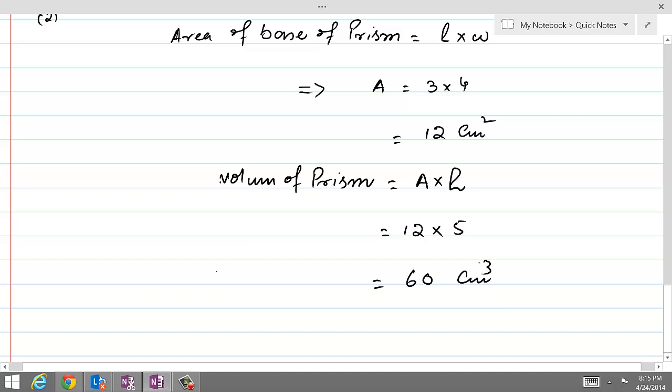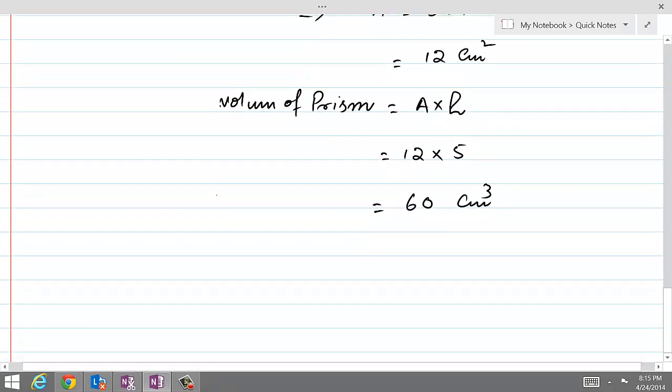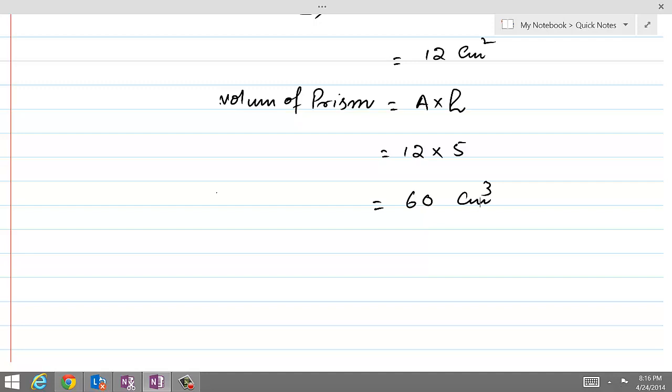If we were to find out the volume of the corresponding pyramid, that would be 1/3 of this volume.